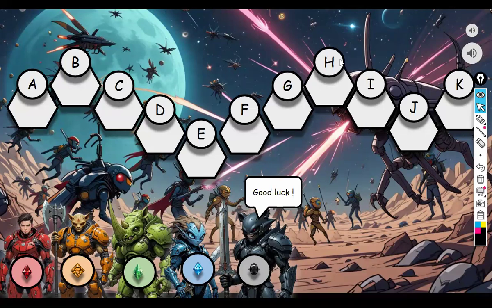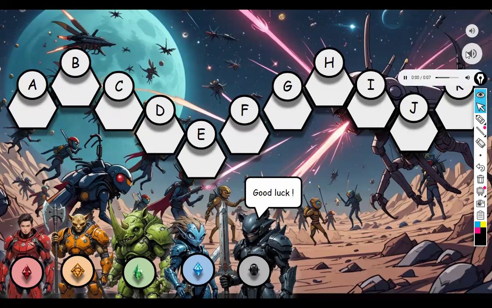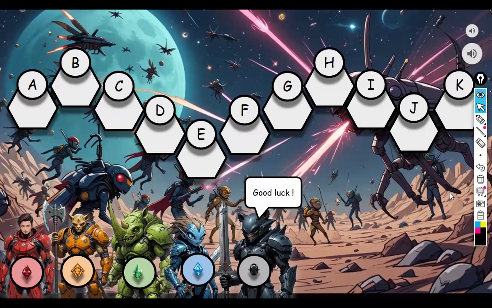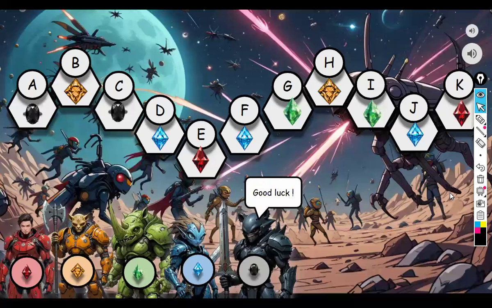I personally like the green team, but I can't play because I know all the others. All right, let's see if you guys got lucky. Let's see how many crystals of your team color you got. Let me know how many crystals you got. Remember, if you're on team blue, you can only collect blue. Somebody said they got 1. Somebody got 2.